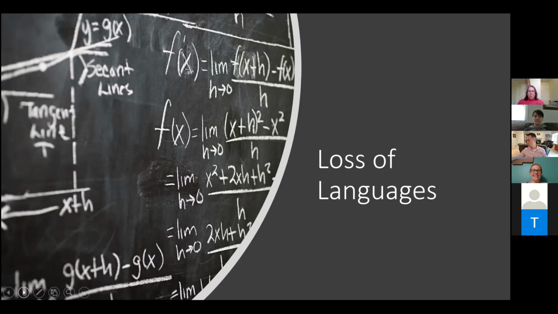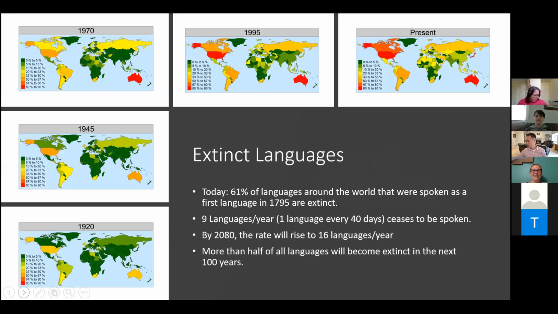Now, currently in the world, there's more than 7,000 languages, and about 2,900 or 41% of those languages are endangered. And a lot of this information comes from the Language Conservancy organization. So languageconservancy.org is the website where I got all of this information.